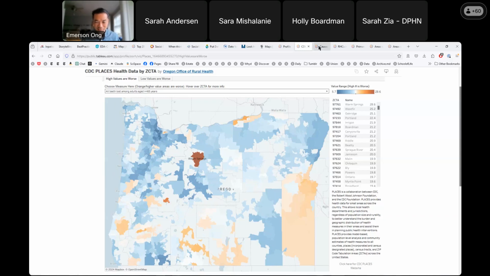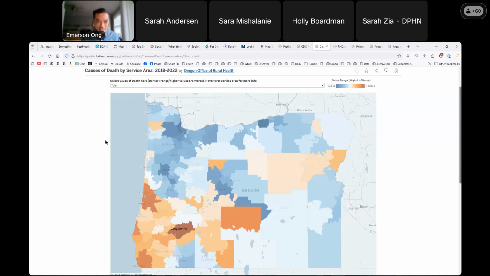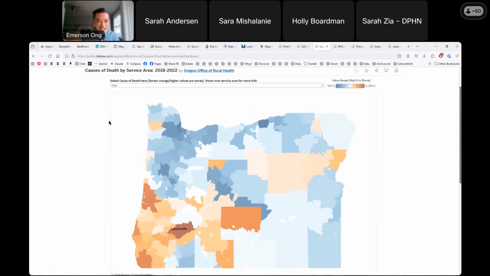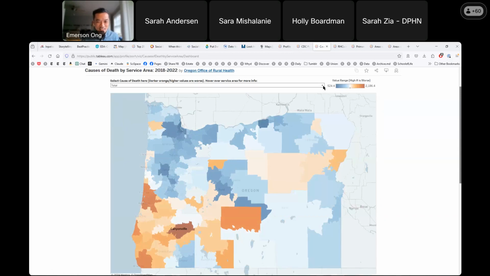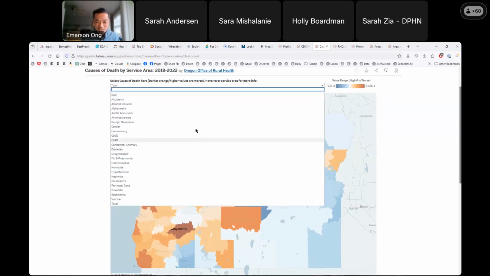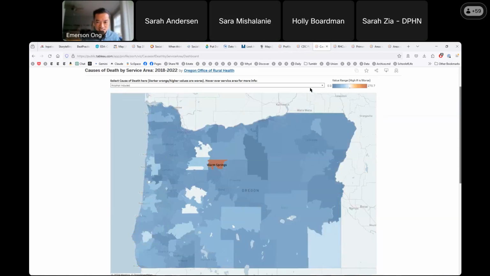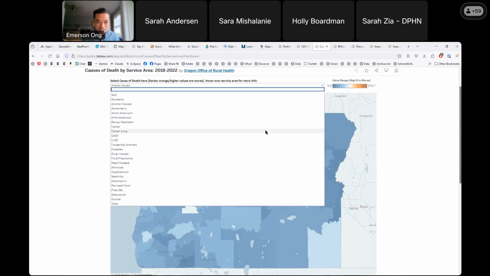CDC Places information. This one here is causes of death by service area, and same thing, just choose the cause of death that you want to look at. It's pretty quick.